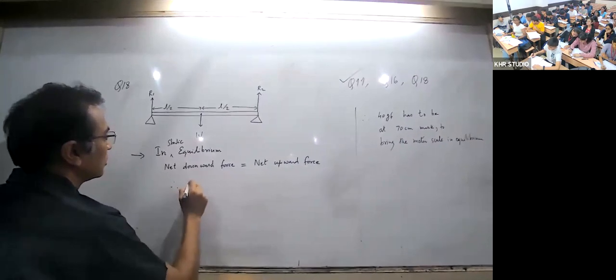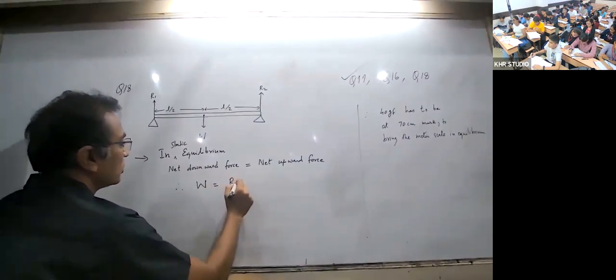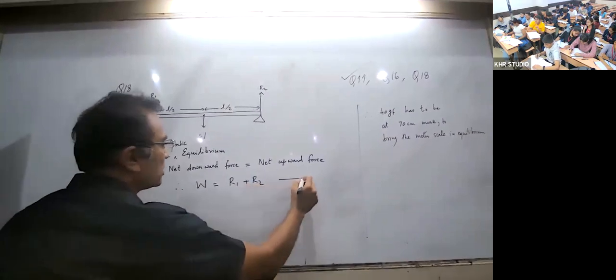So therefore W is equal to R1 plus R2. This is equation 1.